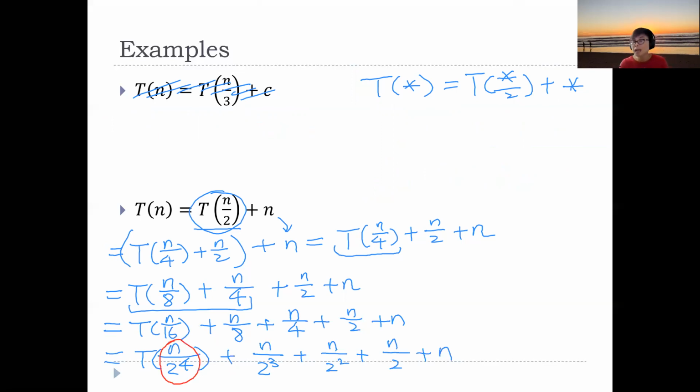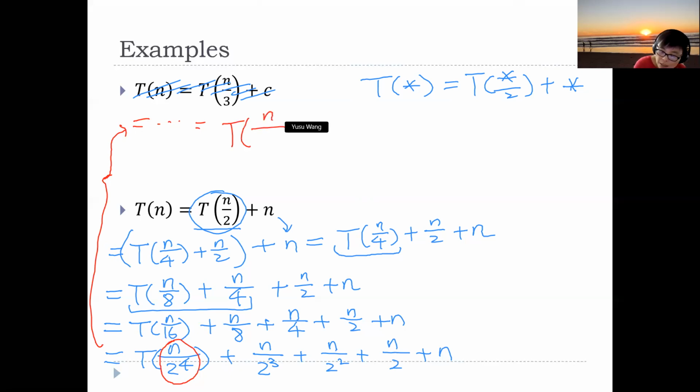That means in the denominator, we multiply by another factor of 2. So I'm going to write this here. If I do this k times, that means in the denominator I have to multiply 2 k times, because every time the size gets halved, same as before.